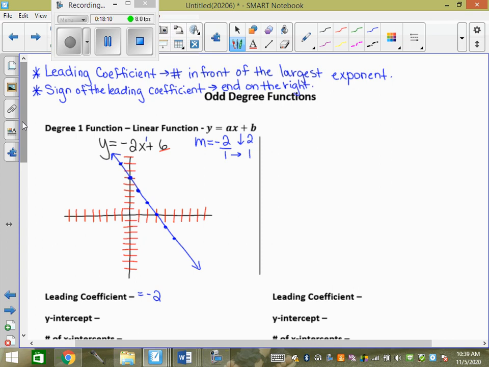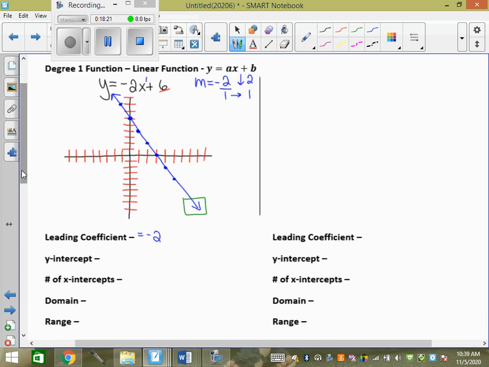So, what's the sign of my leading coefficient? Is it positive or negative? It's negative. So I go to my right side and I know it's going to end down. So this one's going to be down on the right.